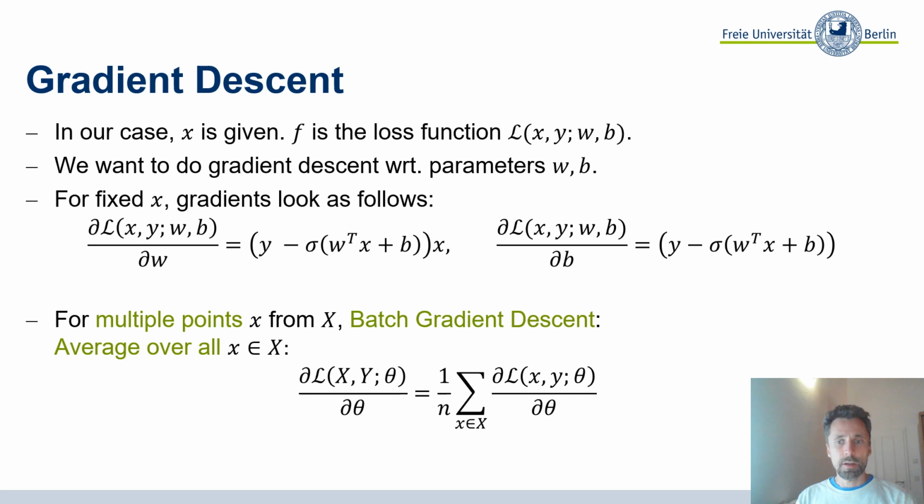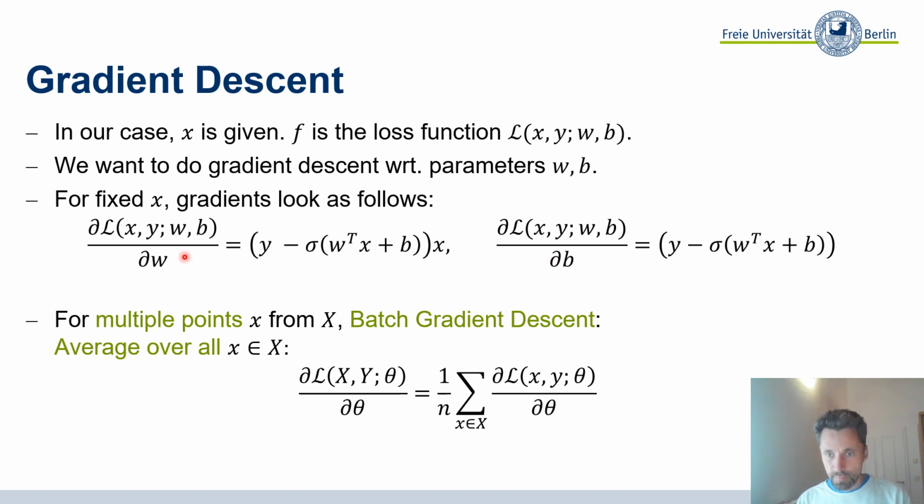So for the cross entropy loss, the function f is our L here, our loss function. The x's and the y's are given, and we want to now get the gradient of this loss function with respect to the weights and the biases. So how does the loss change, dL, if I change the weight, or how does the loss change if I change the bias?